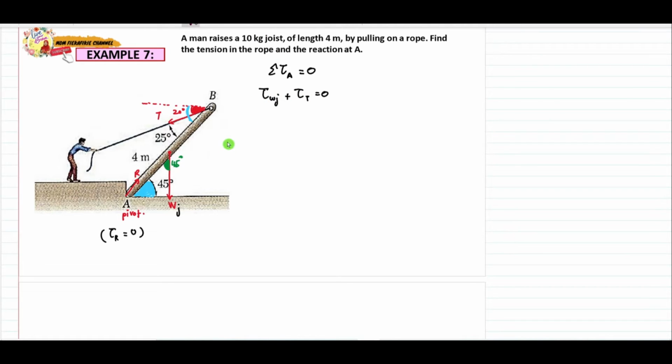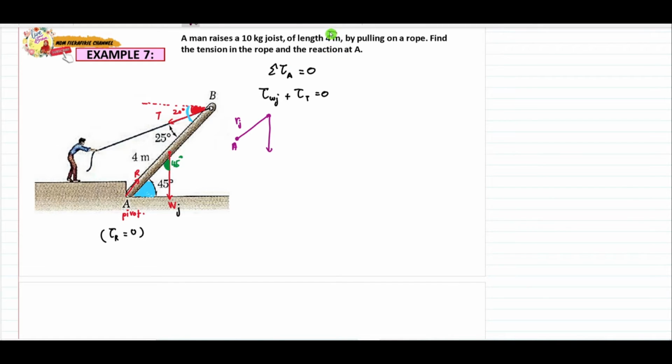So we start with this one, the weight of the joist. So start from here, the pivot. So this is the angle between RJ. RJ means that distance from pivot A to this point. So RJ sebab separuh daripada joist tadi.